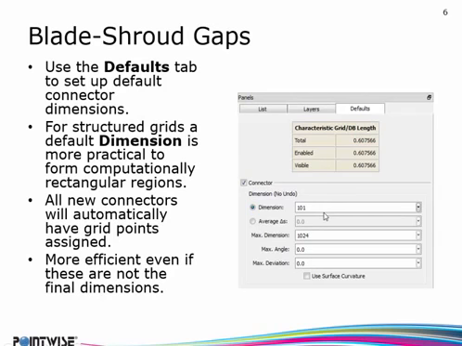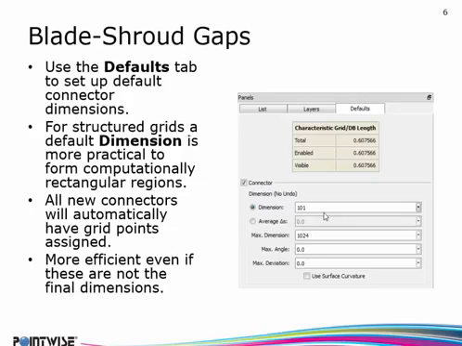I always recommend to users to use the defaults as much as possible because it makes Pointwise much more efficient in creating your topology, especially for setting connector dimensions and having all of your topology dimensioned as you build your domains and blocks. Otherwise, you can spend a lot more time downstream trying to define those dimensions and making things add up as you need to, especially in a structured grid where you have to have computationally rectangular regions.